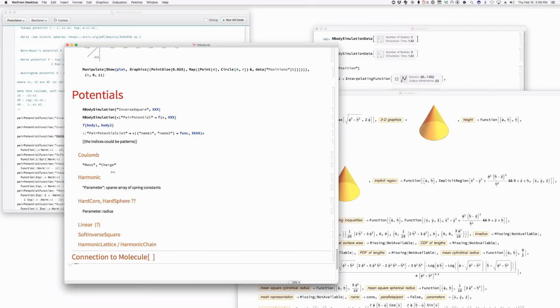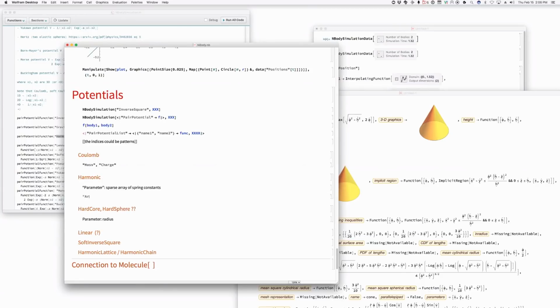So you put in a list with a rule with named parameters. What I would say is something like harmonic, arrow, spring constant, arrow 3, that kind of thing. Do you agree, Michael? Yeah, I think that seems pretty sensible.